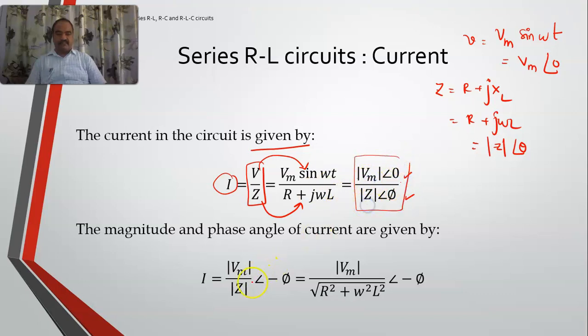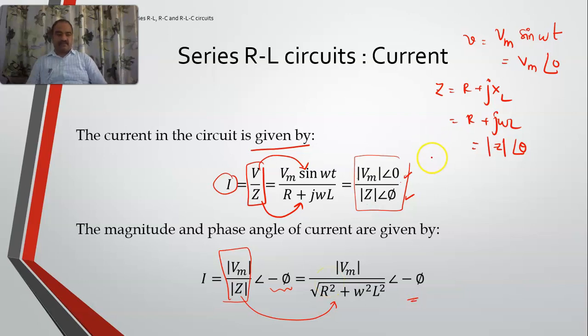It is Vm by mod Z, and the angles get subtracted, right? Angle minus theta. If I expand mod Z, we have seen in the last slide, it is square root of R square plus omega L whole square. So this is the current which is flowing in the circuit.